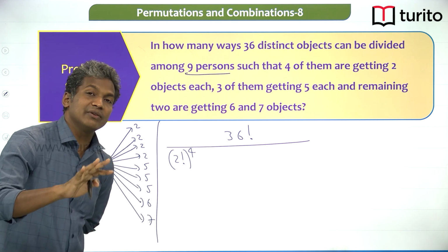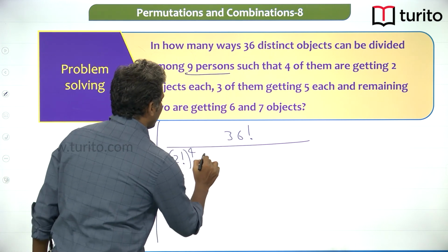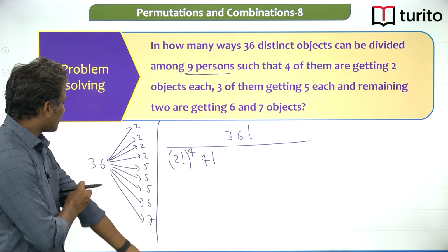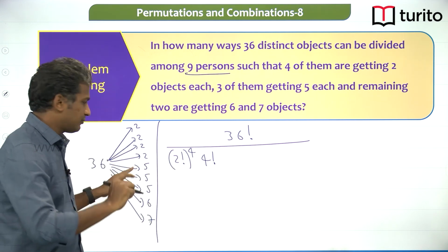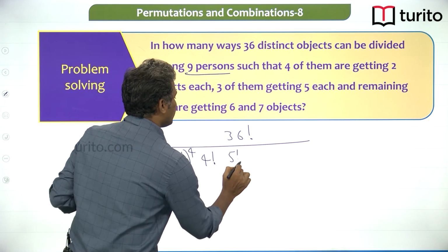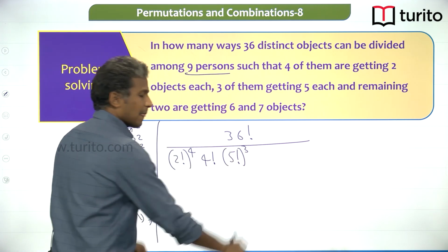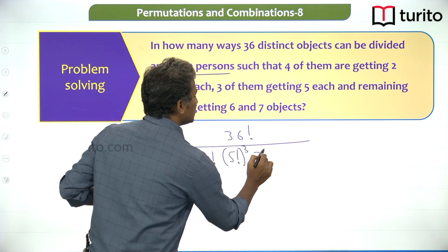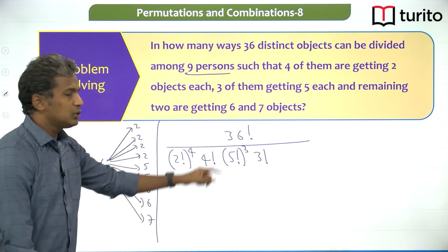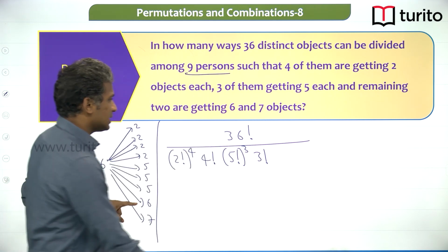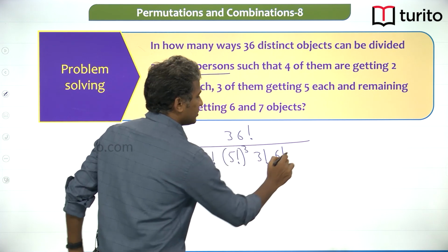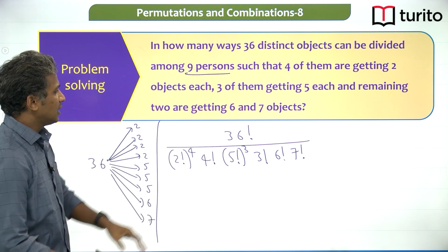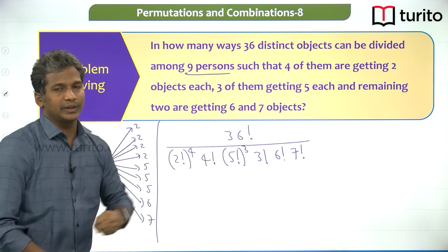Because 4 groups are having the same number, now 4 factorial should come. This is for balancing the symmetry, and there are 3 groups of 5 members. So 5 factorial should come 3 times, and because these 3 are having the same number of objects, 3 factorial will come to balance the symmetry, and there is one group with 6 members and there is another group with 7 members. Okay. Now this represents the process of grouping.